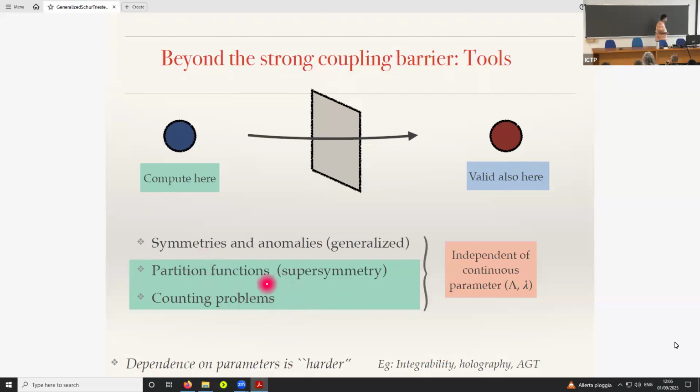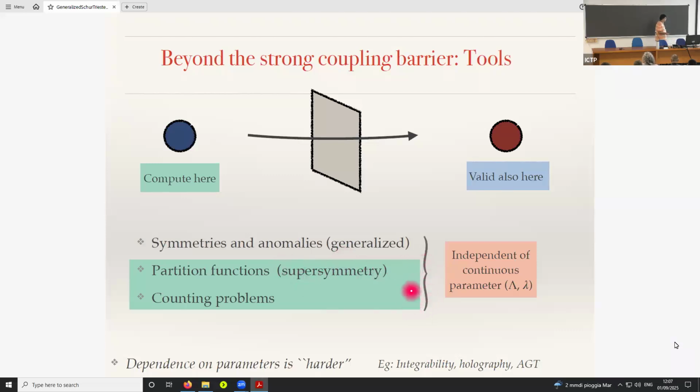And usually these partition functions are related to some kind of counting problems. Also anomalies are related to some kind of counting problems. And it's actually an interesting open question how much more these partition functions capture than just the anomalies. It's clear that they capture more, but how much more? I think it's not obvious; maybe these counting problems are kind of generalized anomalies in a sense.